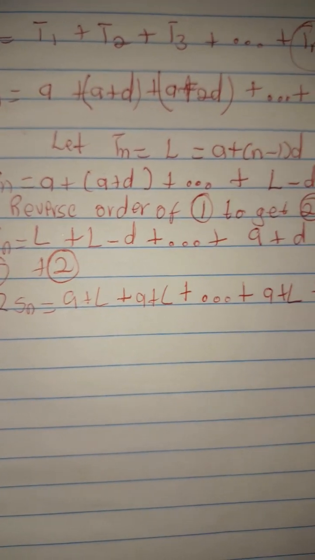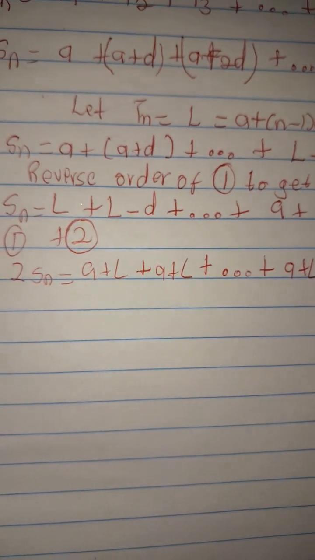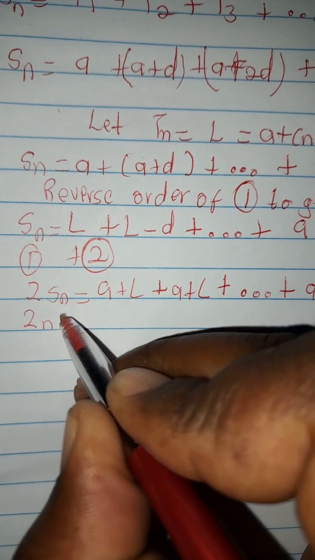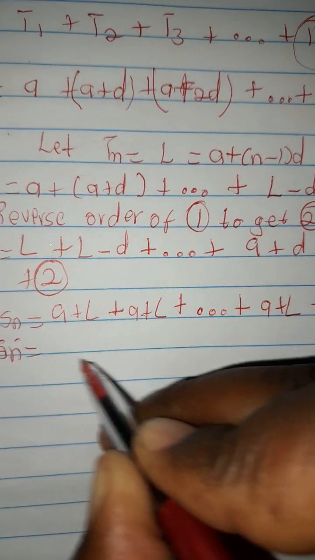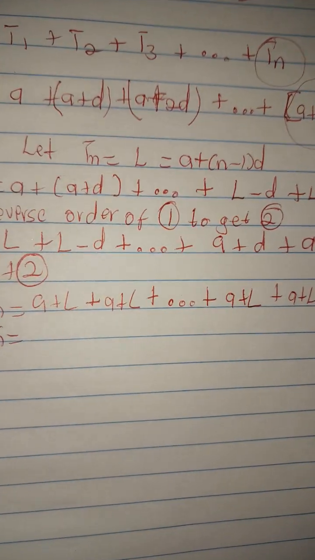So what are we going to do here? We can see there's something common here that keeps going, which is A plus L. So we can take out the common factor. So we have 2Sn here. Remember, these terms go on and on until the n terms.